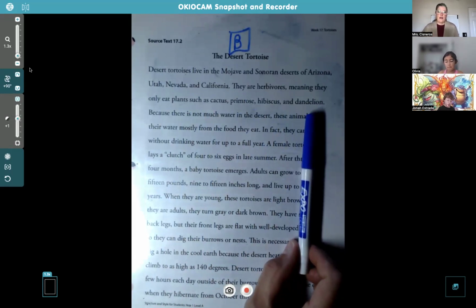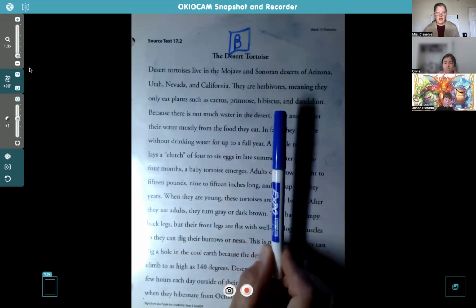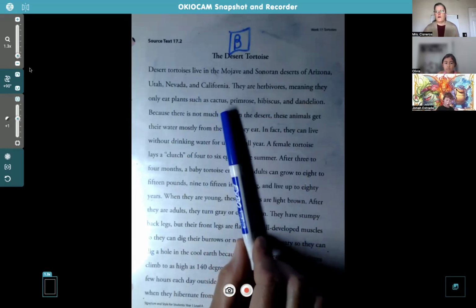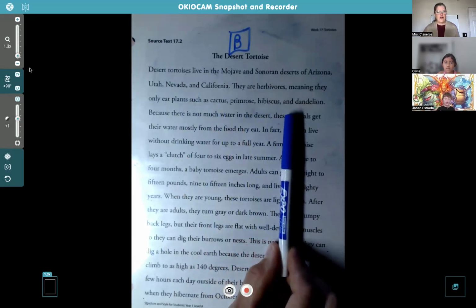When we're reading another article about the same thing, tortoises, try to find things that are different than the facts that you already wrote down. So far, it's different. It talks about the states. We didn't have that before. And it talks about what plants they eat. We didn't have that before, but you might see other things that we already learned and put on our other outline. So don't underline those. Try to find different facts.